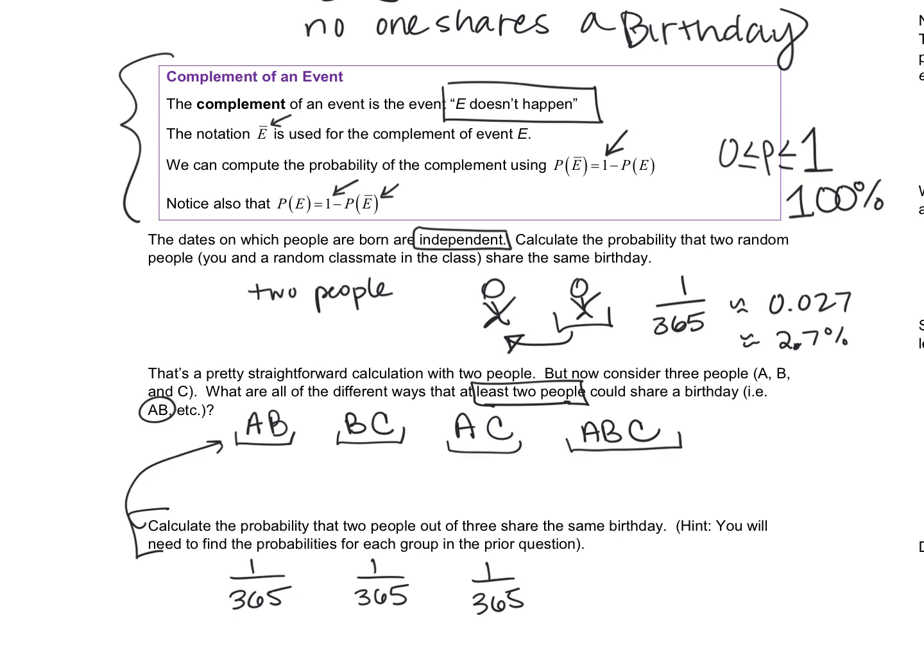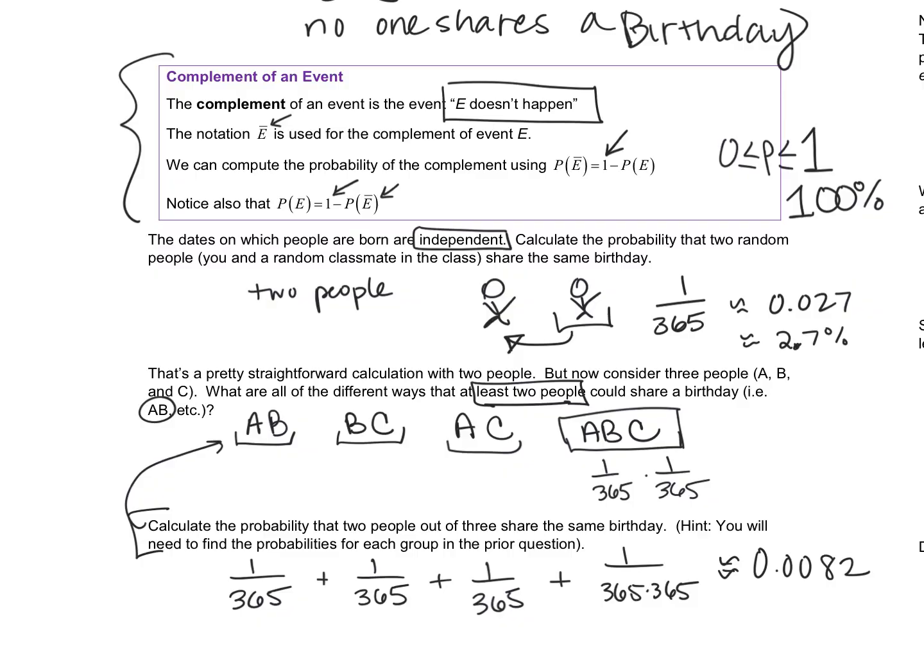And then all 3 of them sharing, for that one we would have the 1 out of 365, but then the next one's probability would also be 1 out of 365. So we're looking really at 1 out of 365 times 365. That would be that all 3 would share the same birthday. When we add those together, it ends up being about 0.0082. I'm going to round it off there.